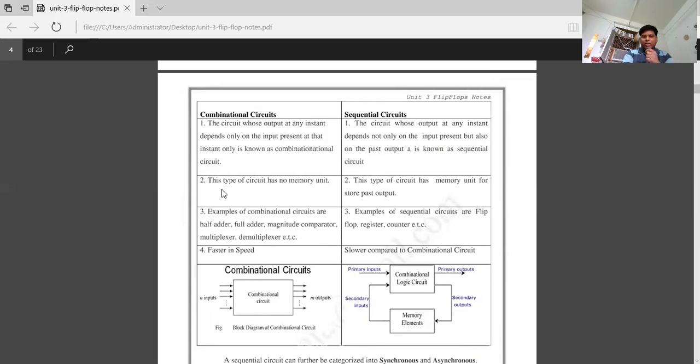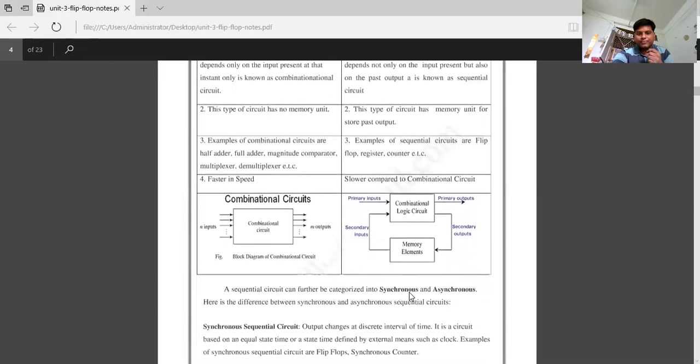Second, the combinational circuit has no memory unit, because the previous output is not required. And the sequential circuit has a memory unit to store the past output. For example, combinational circuits are half adder, full adder, half subtractor, full subtractor, magnitude comparator, multiplexer, demultiplexer, and sequential circuits are flip-flop, register, counter.